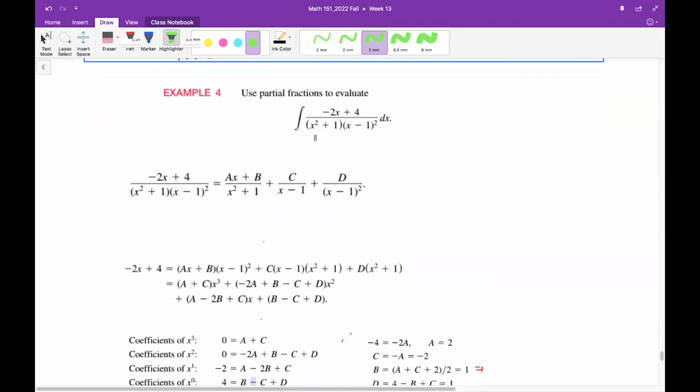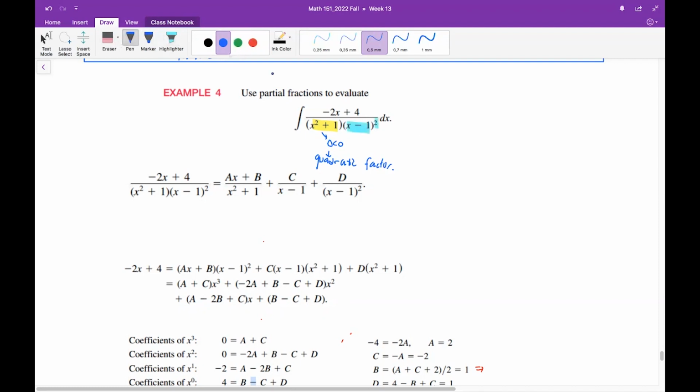Okay, look at the denominator, please. As you can see, we have a quadratic factor here, because you cannot decompose it anymore, the discriminant is negative. So this is a quadratic factor. And what about the other term? This is a linear factor which is repeated 2 times.